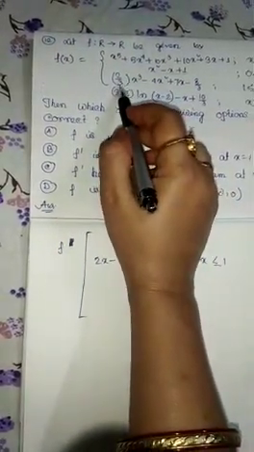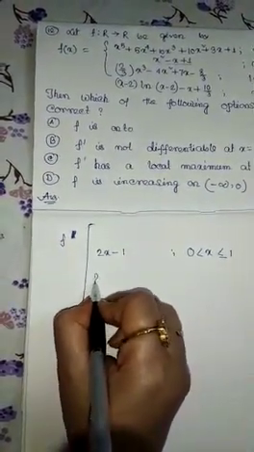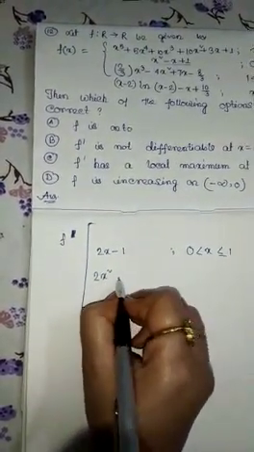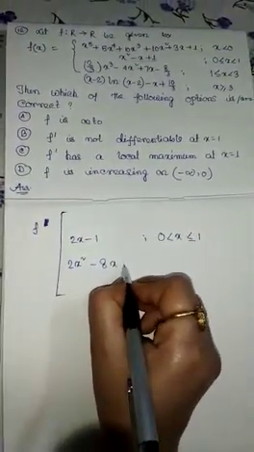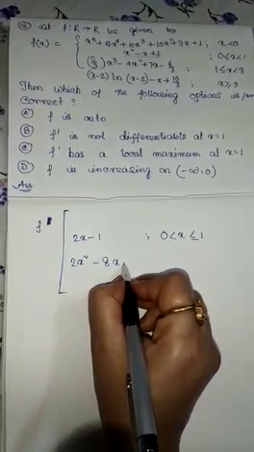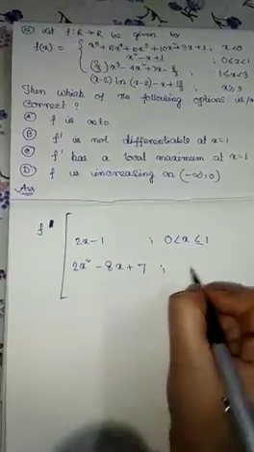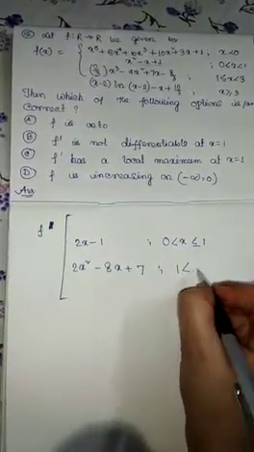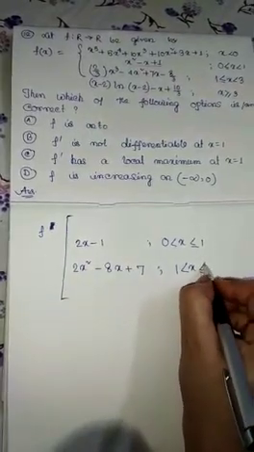For this function, after differentiating, we get 2x^2 - 8x + 7 for all 1 ≤ x < 3.